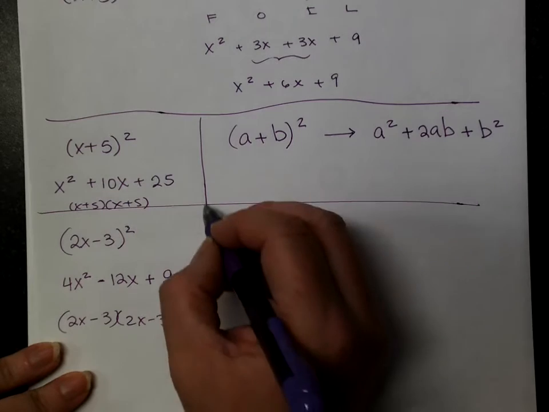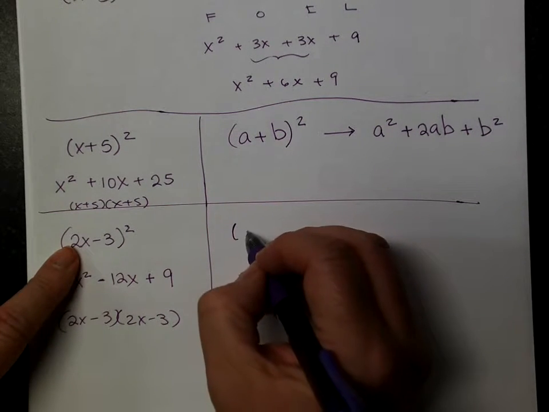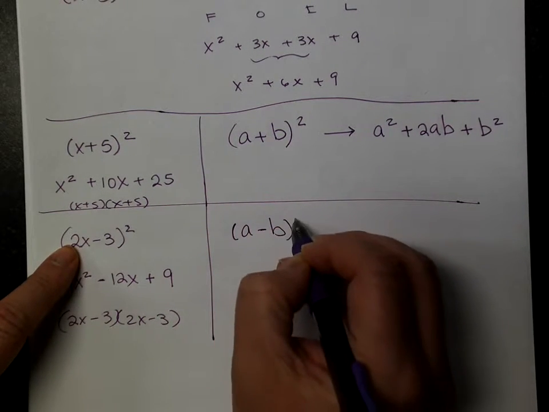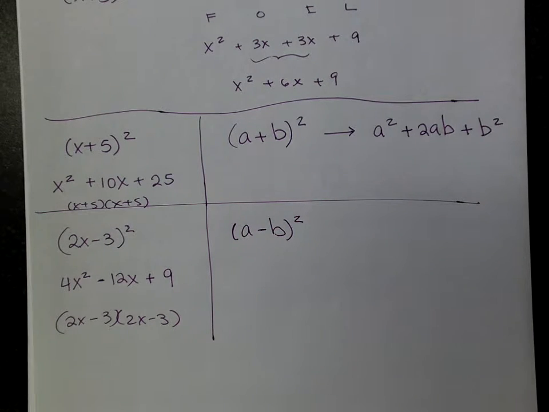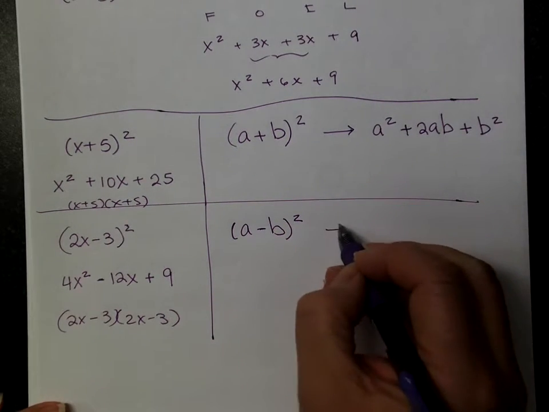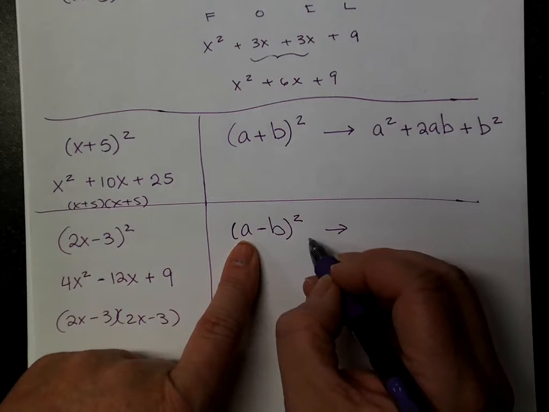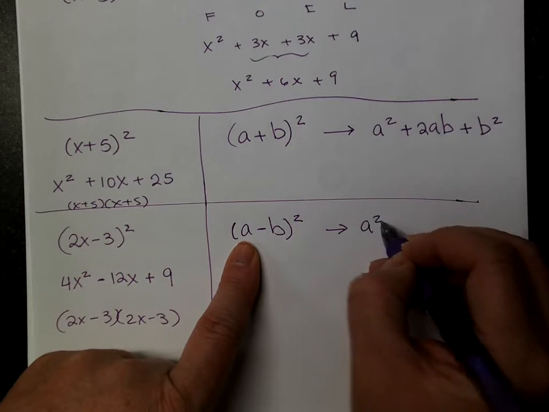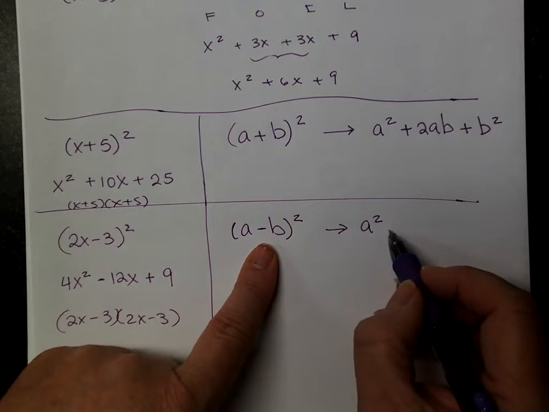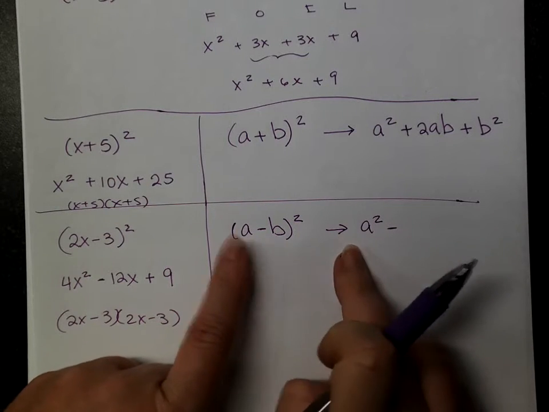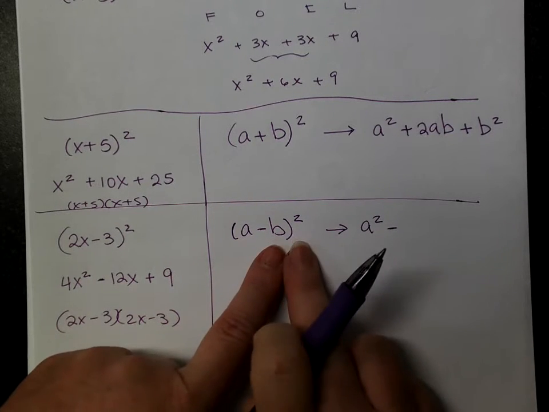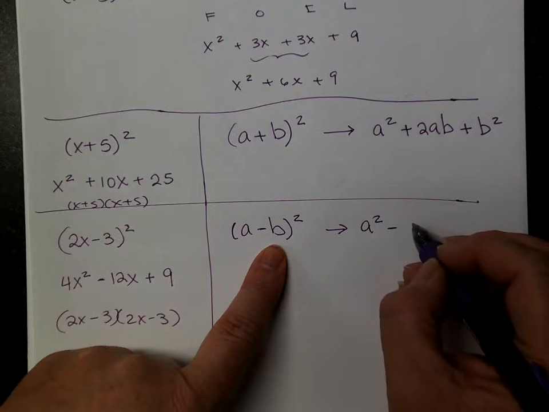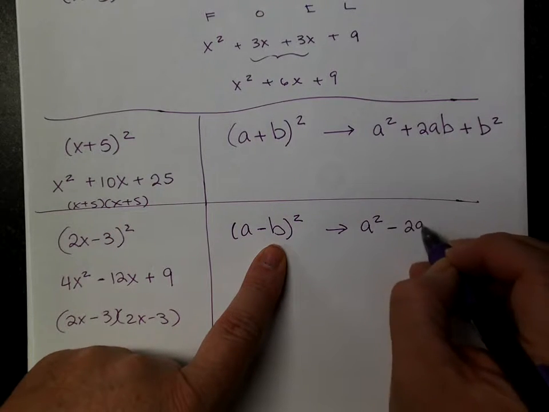And for this one, that would be some term minus some term to make a binomial multiplied times itself, a binomial squared with minus: a squared, a times a, mentally FOILing, and then plus or minus. Yeah, because then we got negative AB plus negative AB gives us negative 2AB.